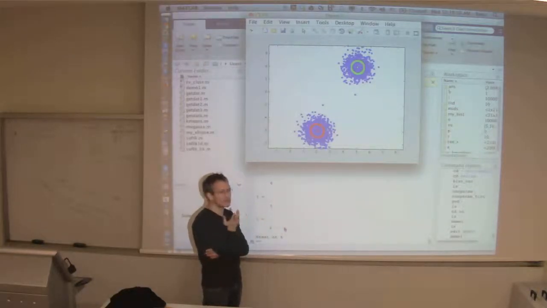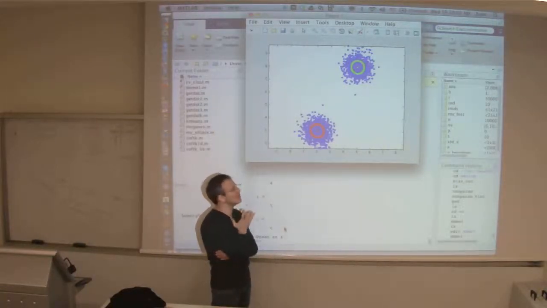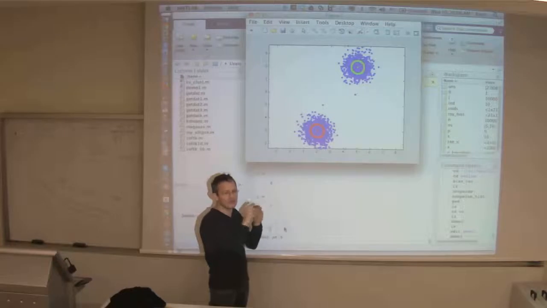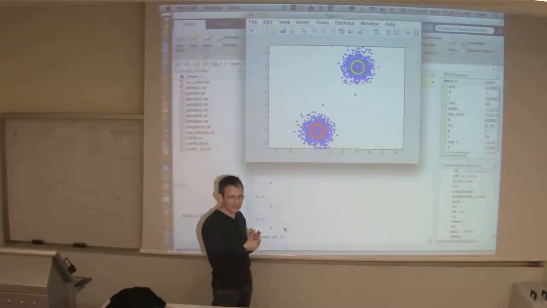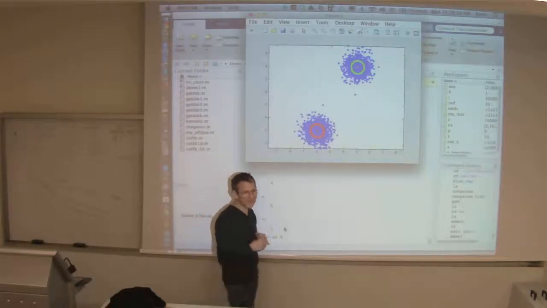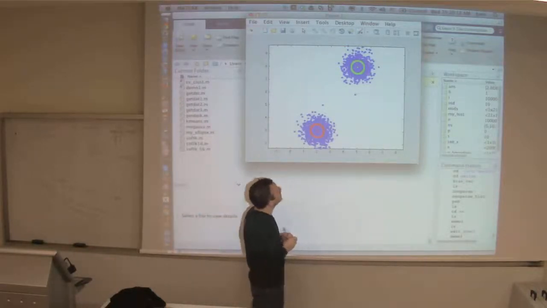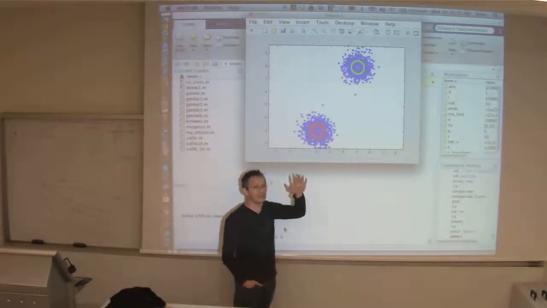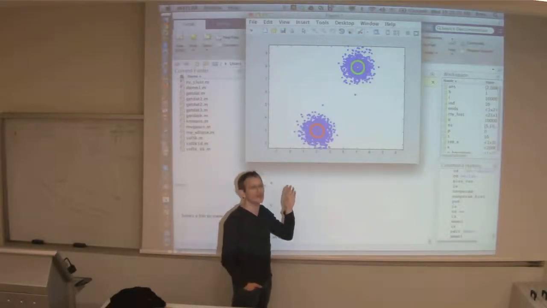But I can say something. Intuitively, what is the right number of clusters? It's something that fits the data. It's the minimal number that fits the data well. That's one option. And why is it complicated? Because you only see the data, not the unknown distribution.